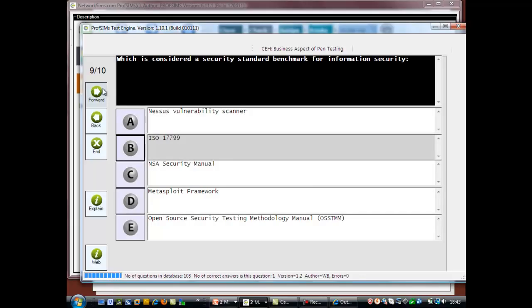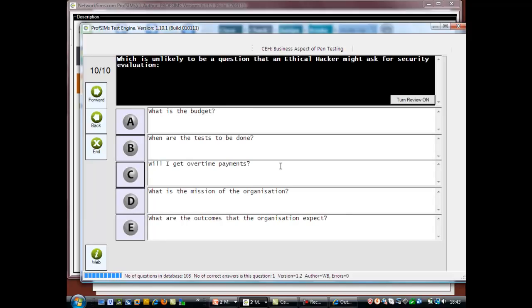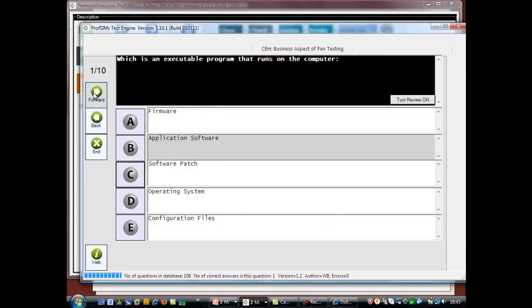So this is the ISO standard. So questions for the ethical hacker: what's the budget? When are the tests to be done? What is the mission of the organization? What are the outcomes that the organization expects? It's unlikely they'll ask about overtime payments.